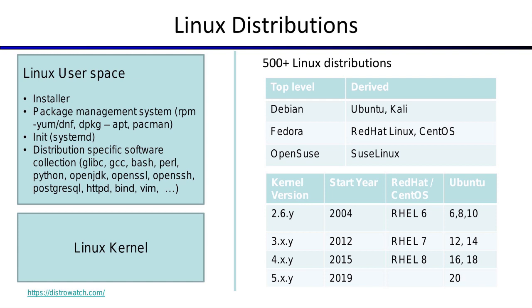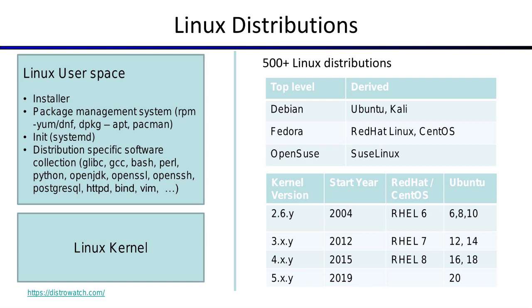These go into the thousands. So what Linux distributions do is they get the installer, they get the package management system, they have an init process working, and then they put a bunch of the software that they believe is important for their user of that operating system together. This together constitutes a distribution.